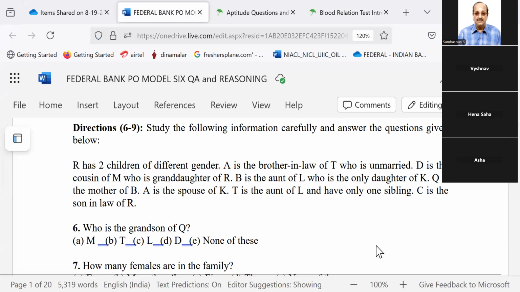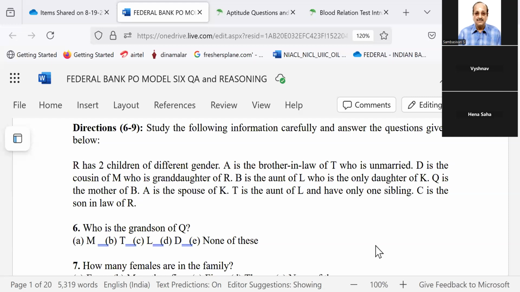Normally, what will they do here? If it is a woman or a girl, they will put a minus sign within bracket. If it is a male, they will put a plus sign within bracket.